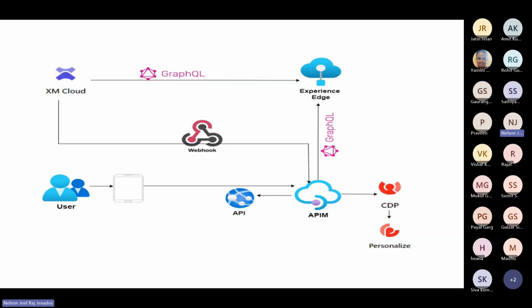Here we see there is a webhook available. The purpose of the webhook is that whenever any content is published from Sitecore, you can do any processing in the middleware. The middleware is the heart of our application.